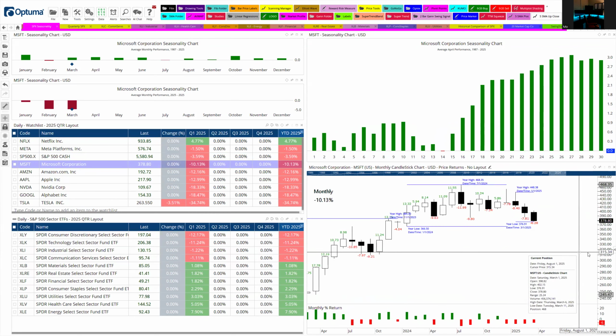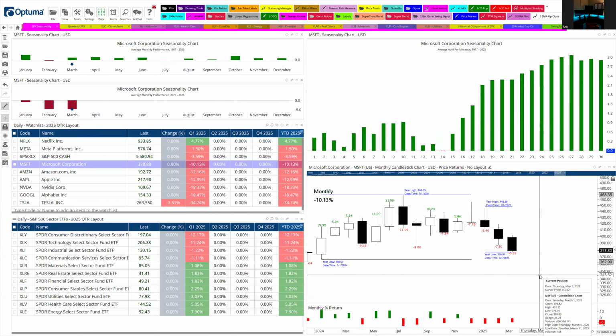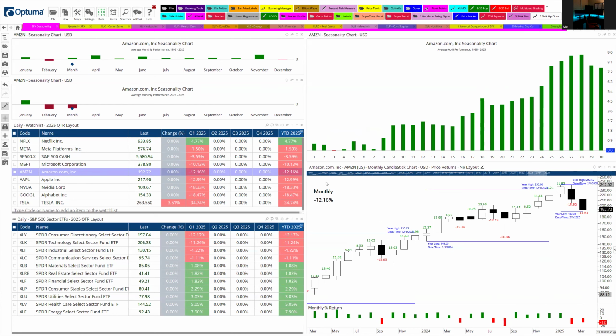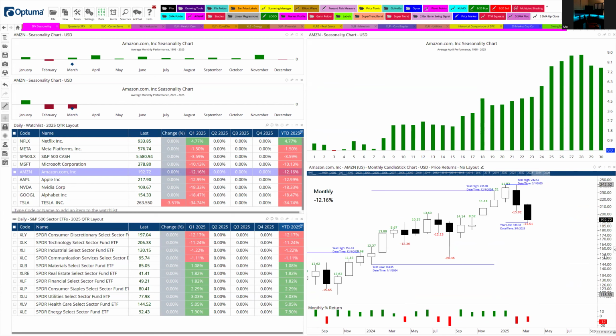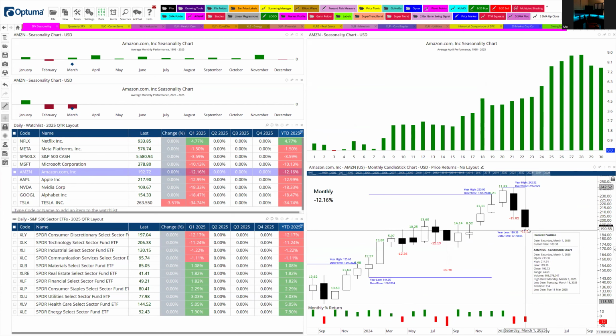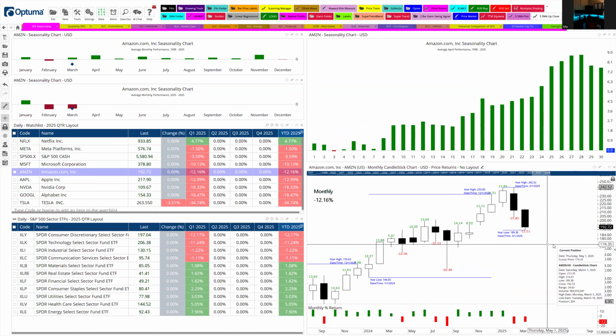Microsoft. Man, this ugly chart. Amazon. Amazon last month was 1582. This month 1151.